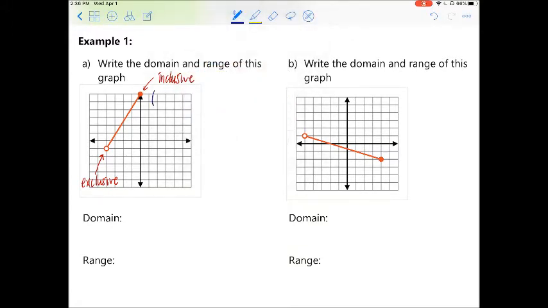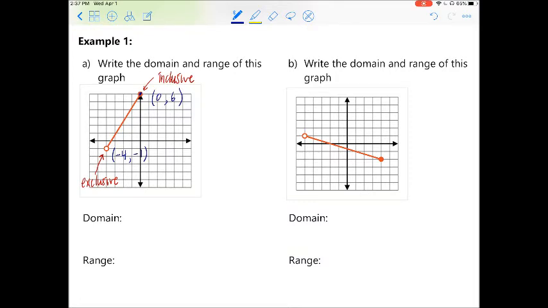So let's take a look at the coordinates. The x value for this point here is 0 and 6. Whereas this point, x value would be -4 and y value is -1.